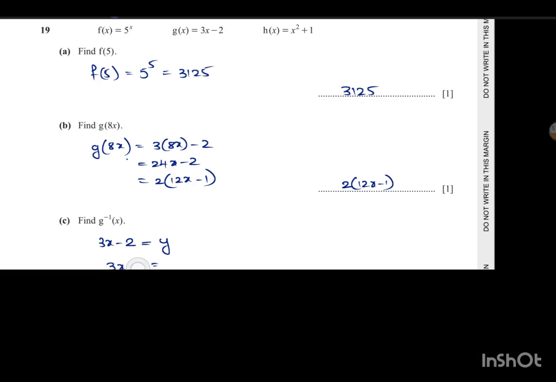You can bring the remaining on the right hand side by transposing method. Y plus 2, because we are bringing minus 2 to the right side, then x will be y plus 2 by 3. We got x as y. Now express the same thing in terms of x. So g inverse of x will be x plus 2 by 3.